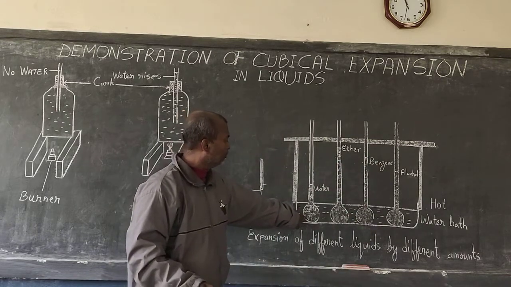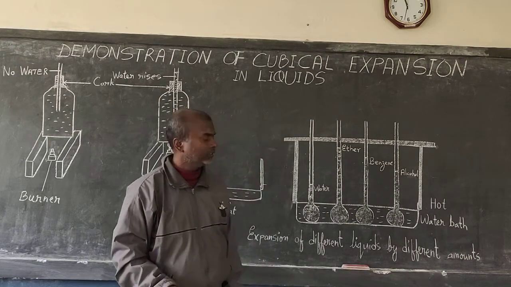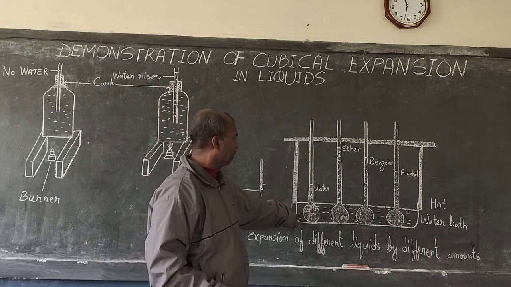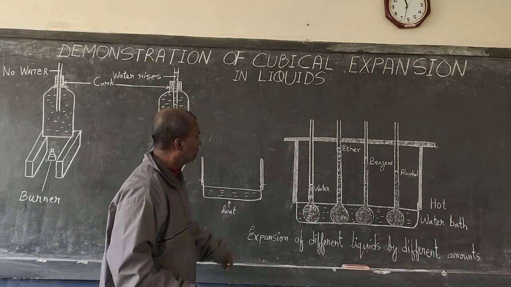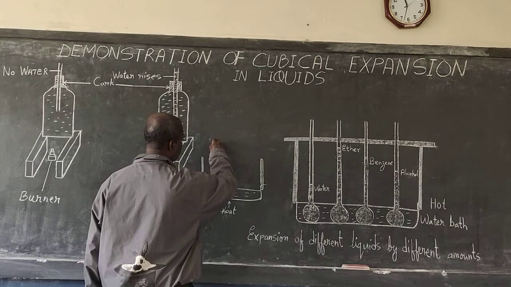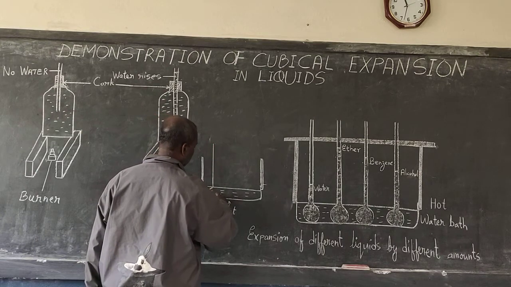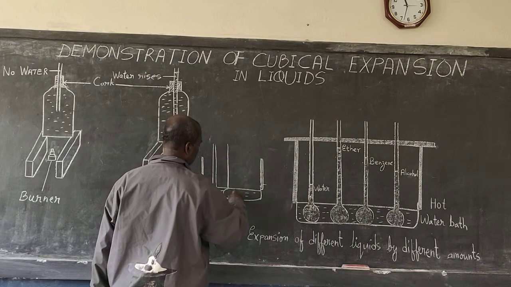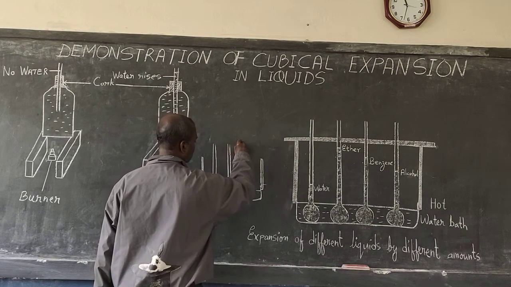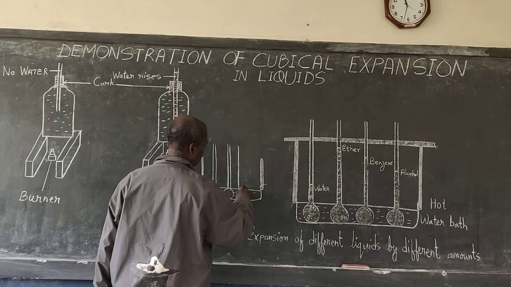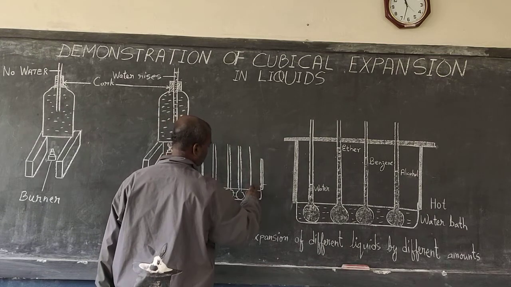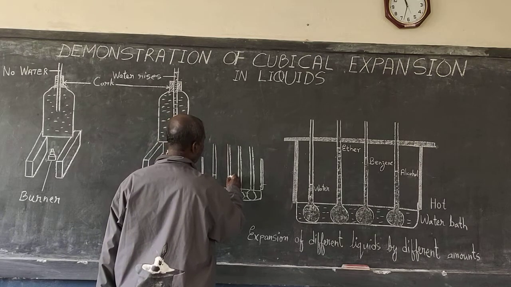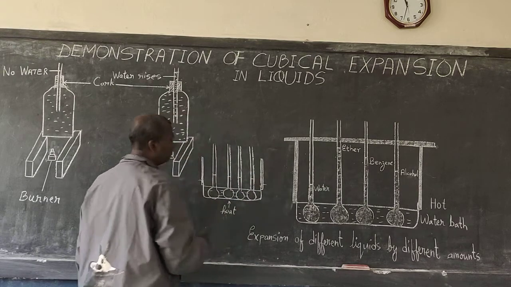These are round bottom flasks made of glass, so you can see inside what is happening. That's why it's made of glass. In this, we put these round bottom glass flasks one by one, in which equal amounts of liquids have to be taken initially.